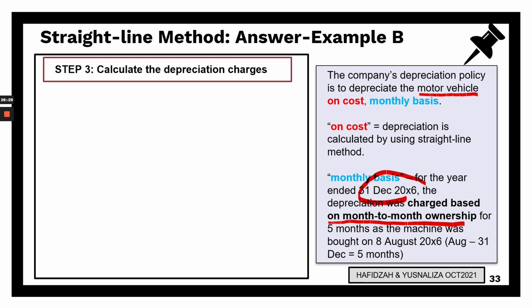Monthly basis will be the case where you are going to calculate how long has the asset been with the company. So for example here, from August to 31st of December, it was 5 months. So that proportion of 5/12 will be used in the calculation, because 1 year has 12 months.